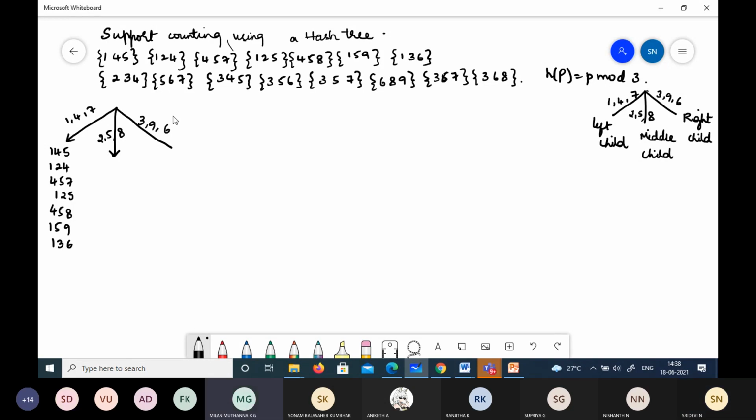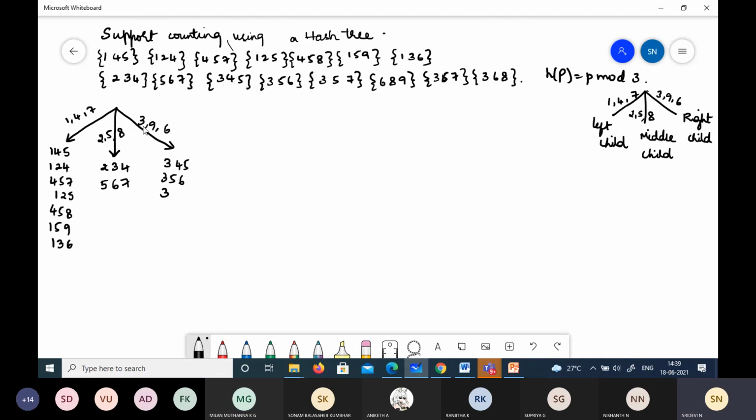2, 3, 4. 2, 3, 4. Then 5, 6, 7. Yeah. Then what about the rest? They are all starting with 3 and 6. So we can put them under 3, 4, 5, 3, 5, 6 under this branch, isn't it?